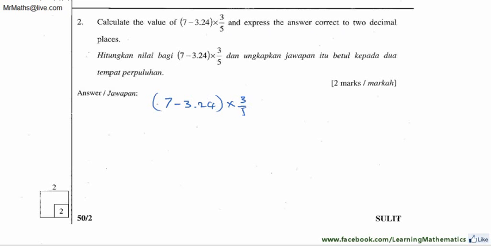But this is a special case because we have a pair of brackets here, so anything in the bracket needs to be performed first. So we solve 7 minus 3.24, which becomes 3.76 times 3 over 5. Since we need to come up with the answer in decimal numbers, we change 3 over 5 to a decimal. What is it in decimal? It's 0.6.